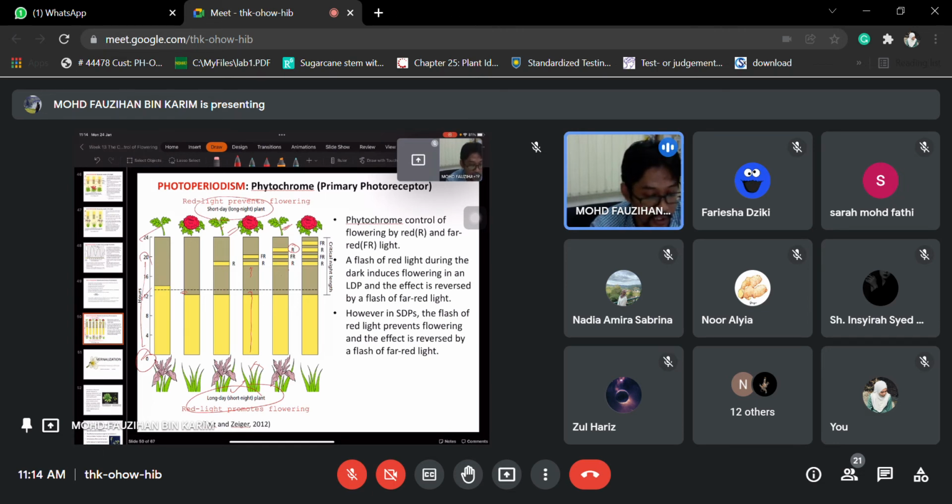Okay, so the last is far red light. Of course will promote the flowering in the short day plants, but will prevent the flowering in the long day plants. Okay, for this graph, for this image, faham tak?